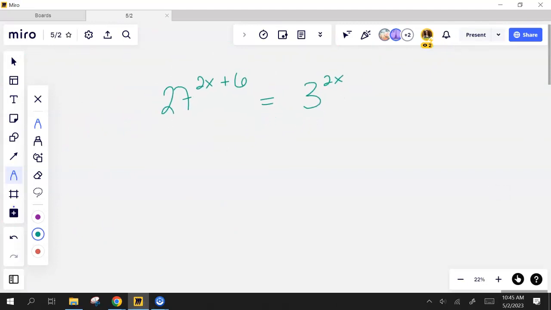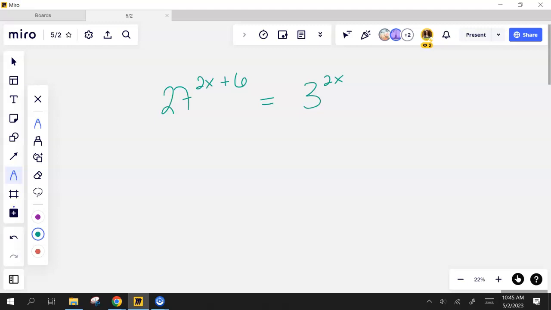This one's a little bit harder, which is what?